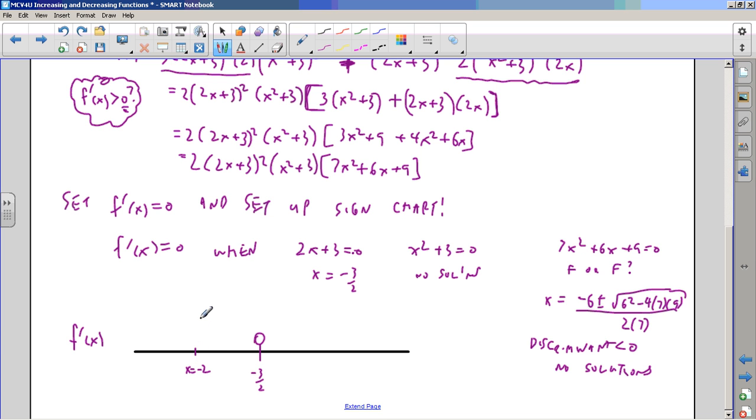When x is minus 2, then notice, what do I have here? I have a test point, but I've got 2 times, and this is just some rough work, but when this is minus 2, notice this is going to be a positive number. This 2 times negative 2 plus 3 squared is positive. This is going to be positive, right? Because this is negative 2 squared plus 3. That's some positive number. I just have to find out whether this is positive or not.